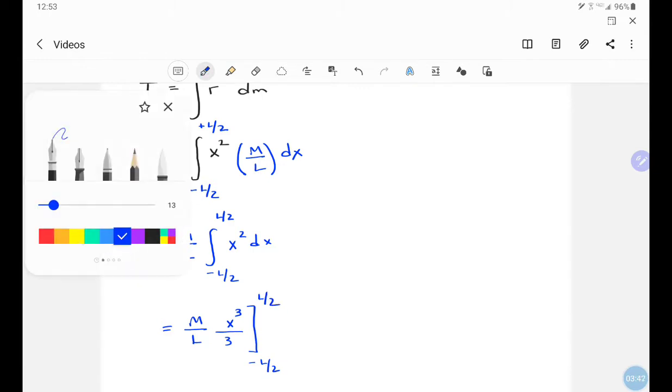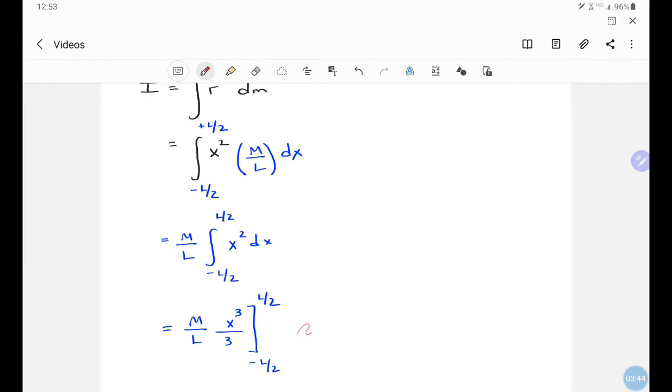In plugging in, what we will get here is M over L times, when I put L over 2 in for x cubed, I get an L cubed over 8. So that is an L cubed over 24 minus, when I plug a negative L over 2 in, I get the equivalent, except it is negative.